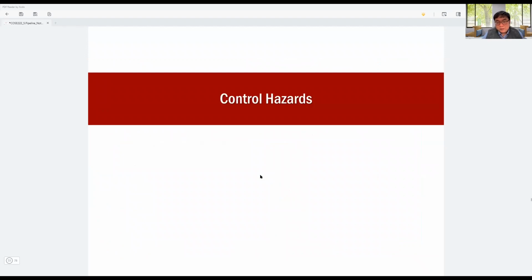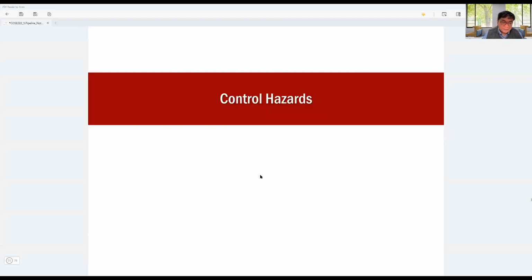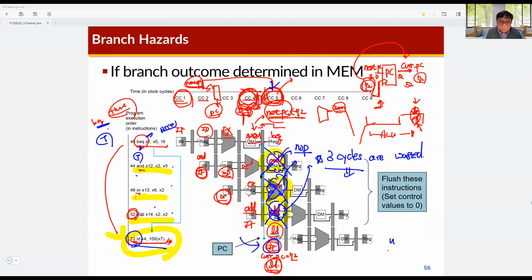In the previous class, I explained the control hazard. Why does control hazard happen? You need to remember: because the result of the branch instruction, that means the condition of the branch instruction, is resolved late.